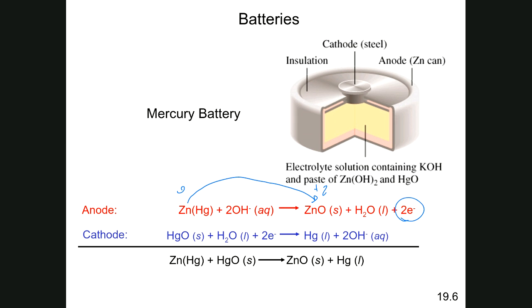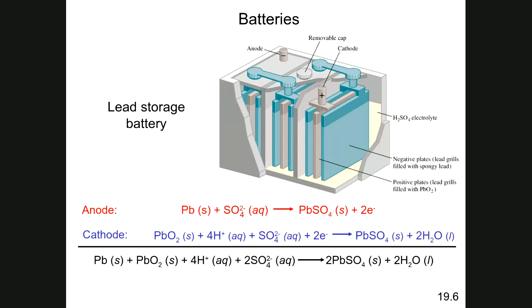Zinc is being oxidized, and mercury is being reduced. So mercury is going from 2+ to 0. This is the overall reaction: zinc plus mercury oxide is changing to zinc oxide and mercury liquid. So this is the mercury battery.